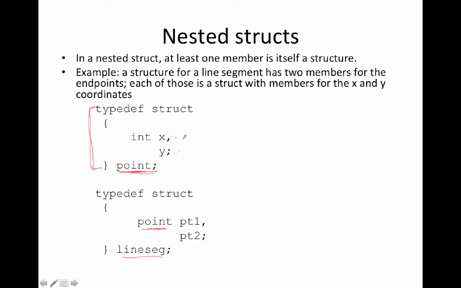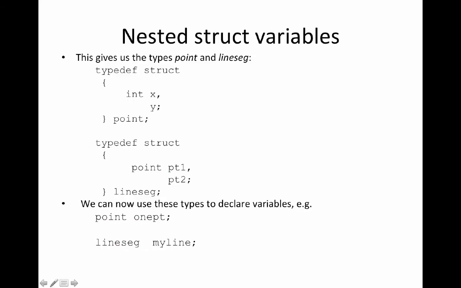Each of those consists of the x and y coordinates. So what I have now is the type point and the type lineseg. Again, I don't have any variables yet, I just have the types. But now I could use those types to declare variables.